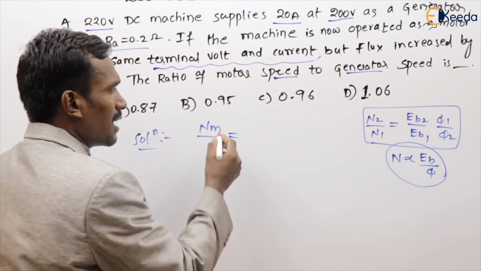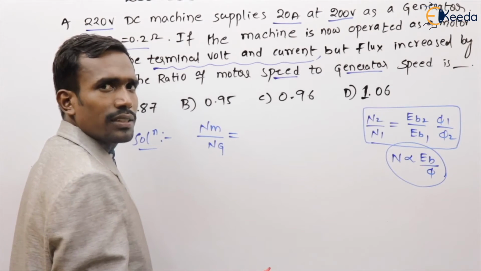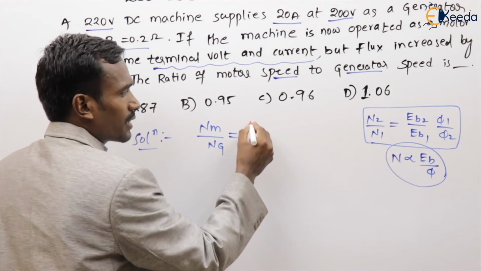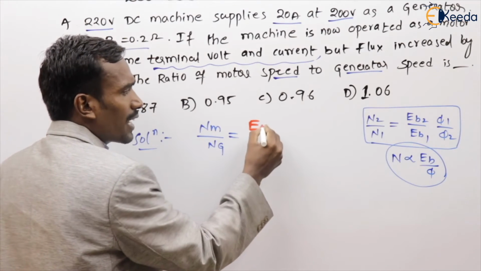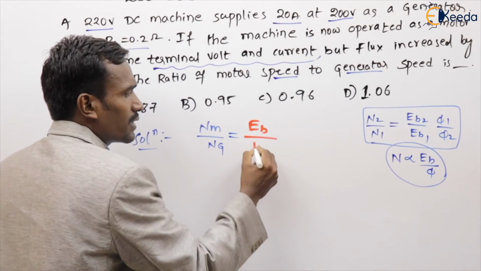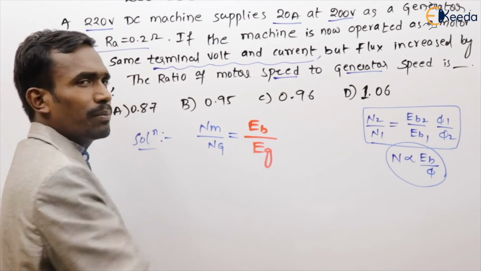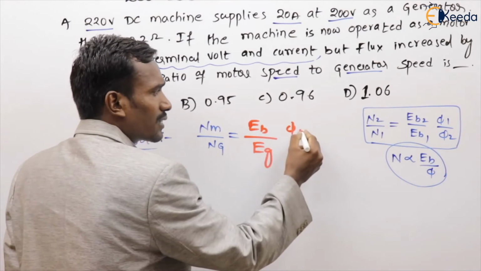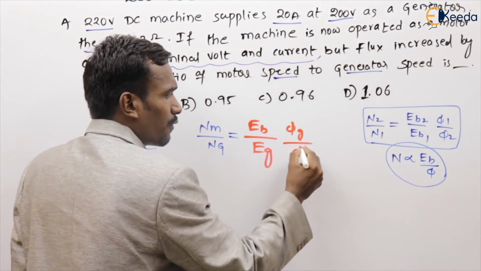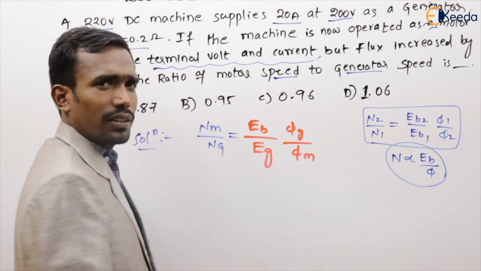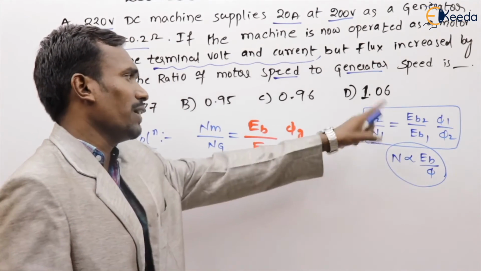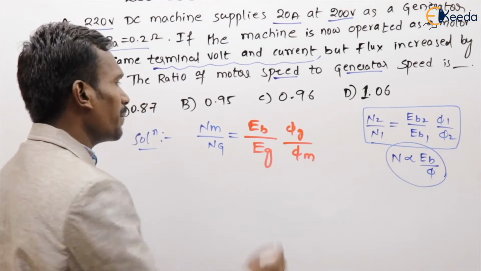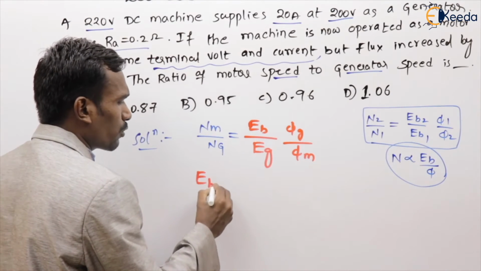From this formula, Nm by Ng is equal to the motor's back EMF, the generator's generated EMF, and the flux in generator by flux in motor. What is the back EMF for my question?